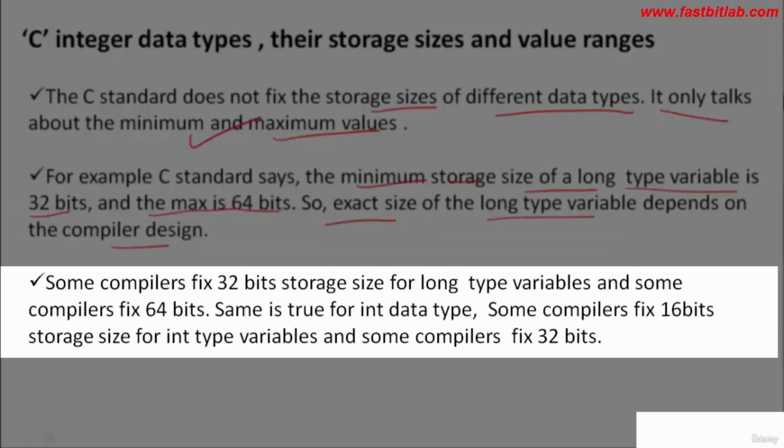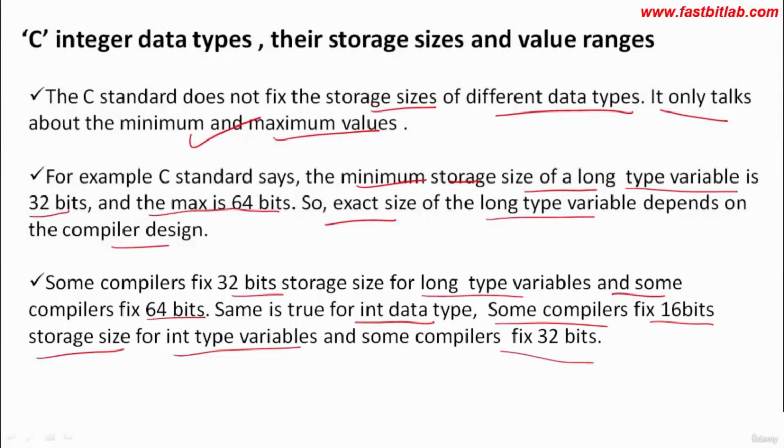Some compilers fix 32-bit storage size for long variables and some fix 64 bits. The same is true for the int data type. Some compilers fix 16 bits for int variables and some fix 32 bits. This all depends on the compilers.